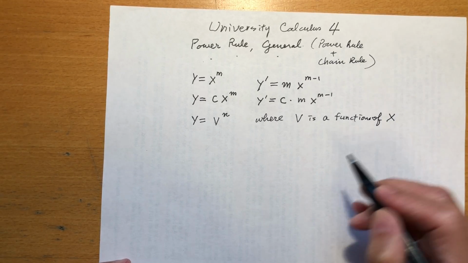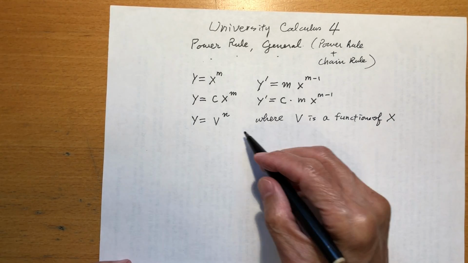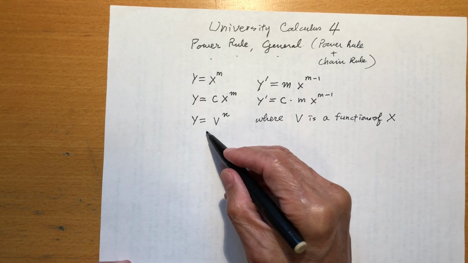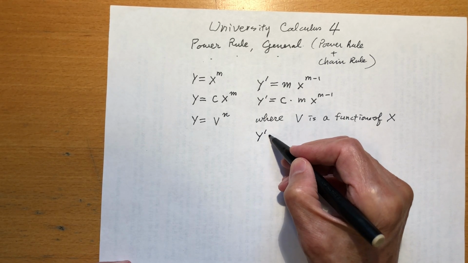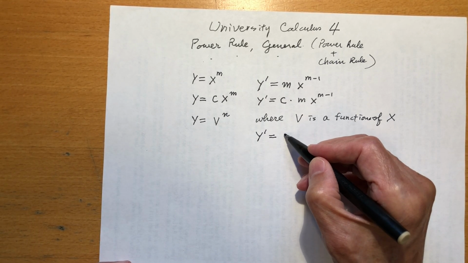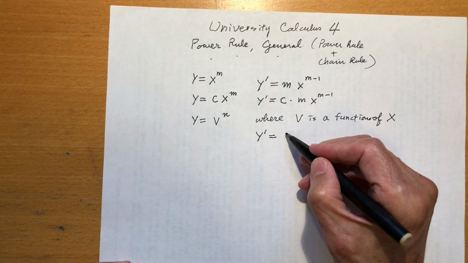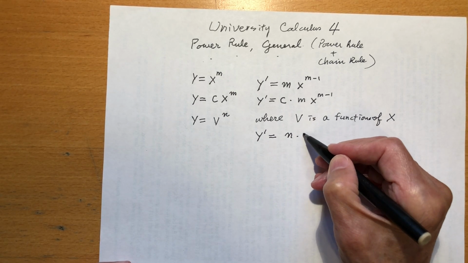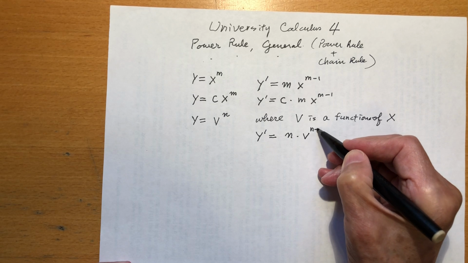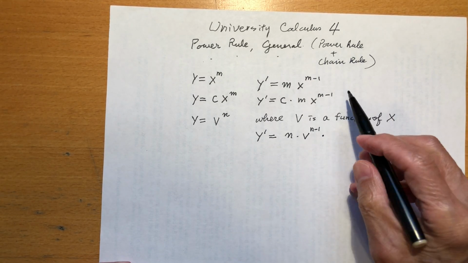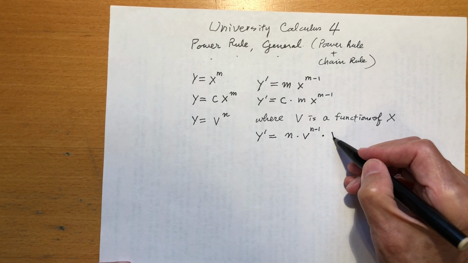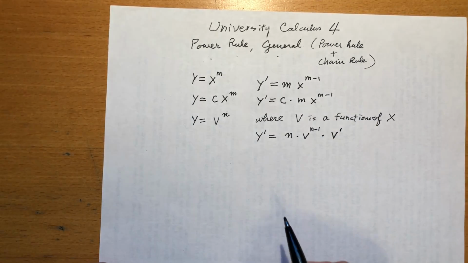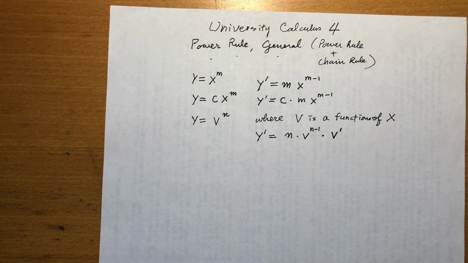Then what does the general power rule tell us? Then the y prime is, the first part is just like a power rule, so n times v to the n minus 1. But then it is followed by the chain rule, which means you do the derivative of the v. So this is the formula for the general power rule.